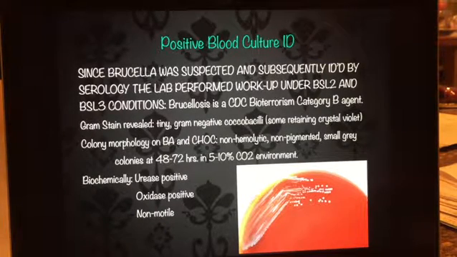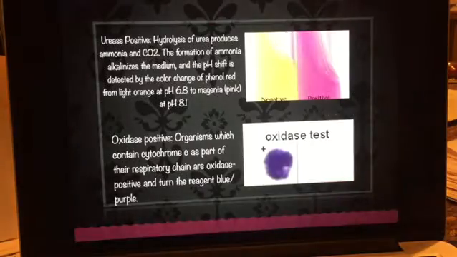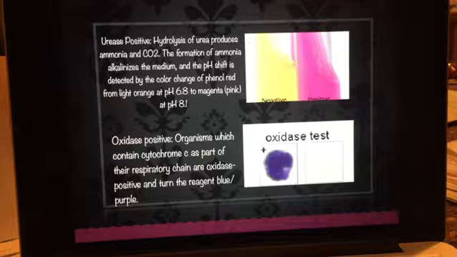We already mentioned prior that Brucella is a slower growing organism, and they grew it in a 5 to 10% CO2 environment. And biochemically, this was urease positive, oxidase positive, and a non-motile organism. This is the end of our second section. So we're going to move on into looking at the chemical reactions that Brucella has.